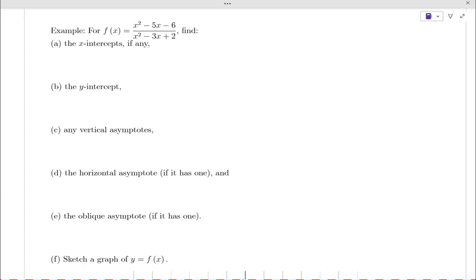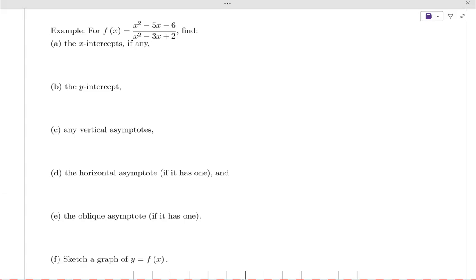Notice the first two are basically asking you to find some points on the graph. Where does it cross the x-axis? Where does it cross the y-axis? The next one, vertical asymptotes. Next one, horizontal asymptotes, oblique asymptotes. So this one's asking, what happens when we've got some domain issues? These two ask you what happens on the tails, and then we'll put all that information together and get a pretty decent looking graph here.